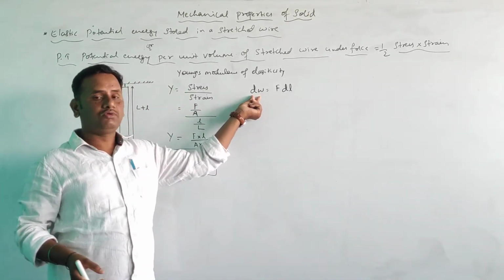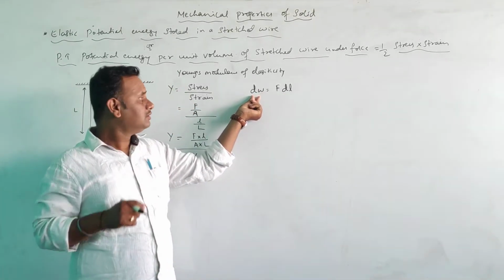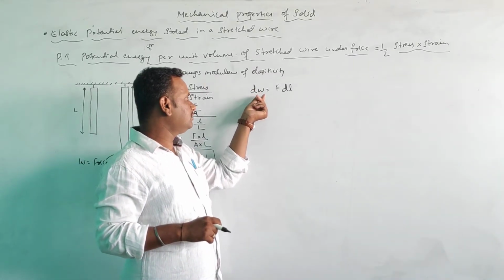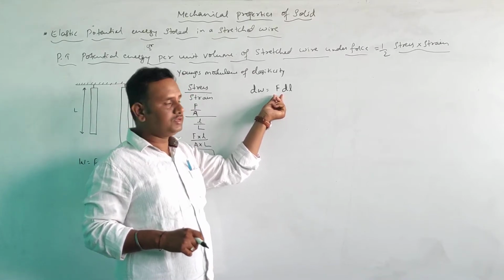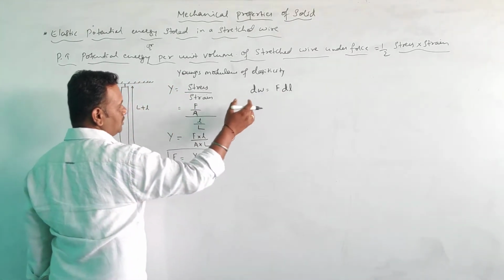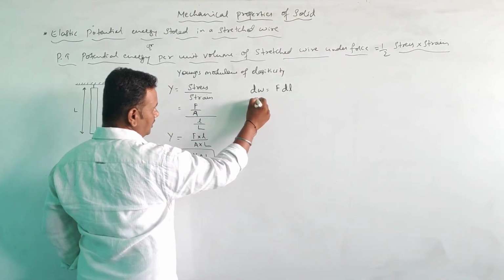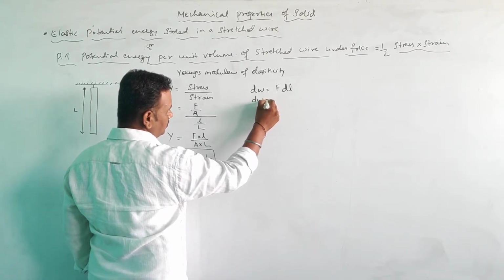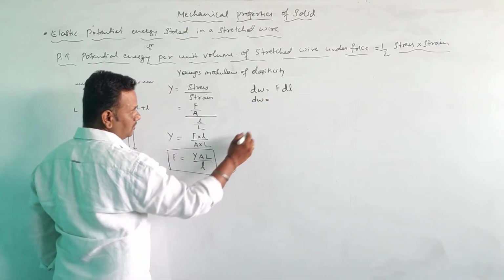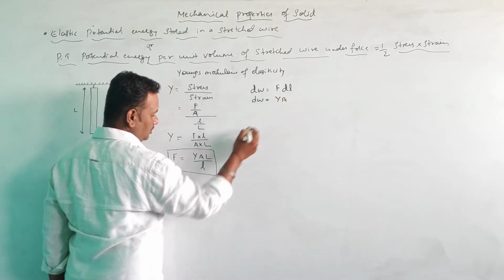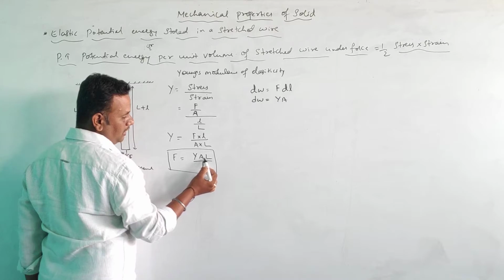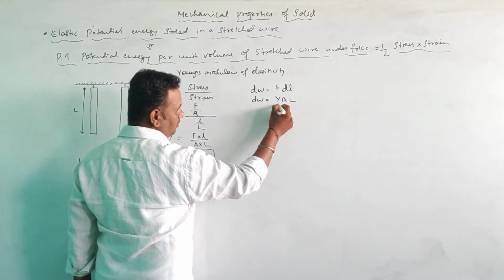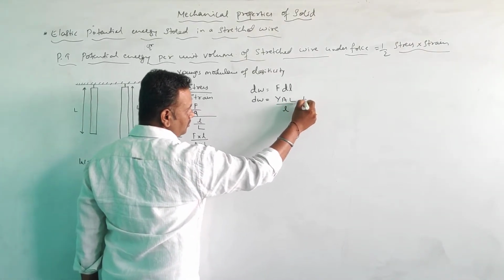Because I am doing a small work done, there will be a small change in the length dl. Now if I substitute here, dW is equal to force, which is Y into A into l divided by L, into dl.